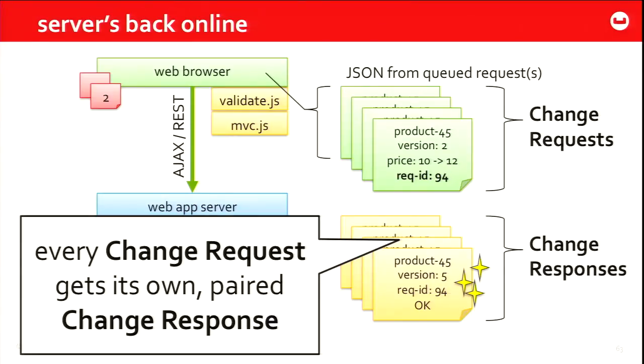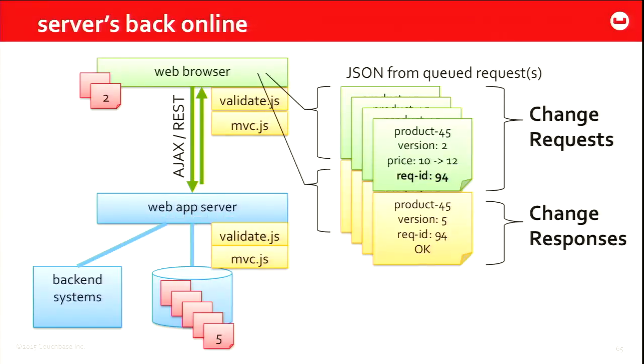So each change request is going to get paired up with a change response document, and those change responses can make their way back up to the clients, and the clients can pick up their own new versions of the latest and greatest business documents, and it's as simple as that, right? The server that was offline, you've been staging everything on the client side, having these change requests stacked up. Eventually, they all get flushed down.